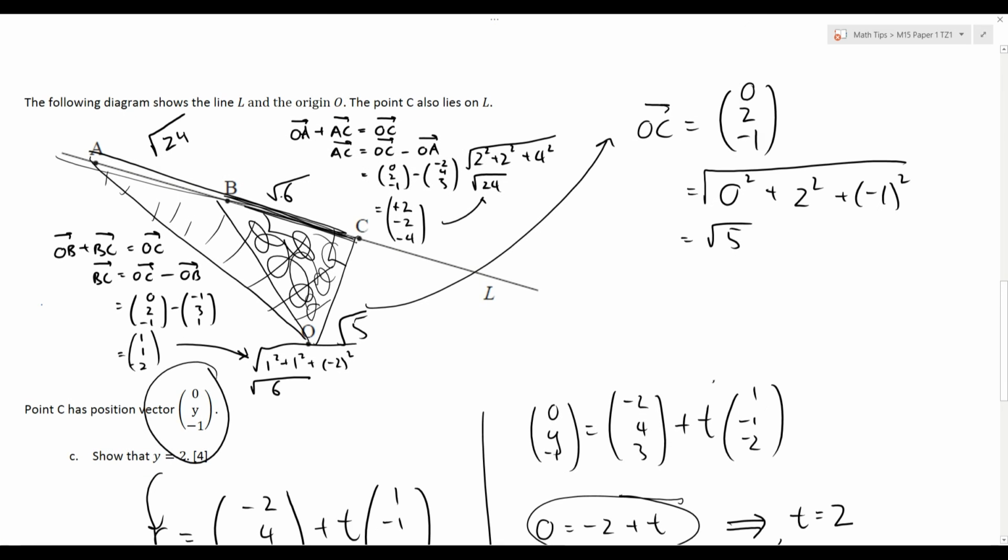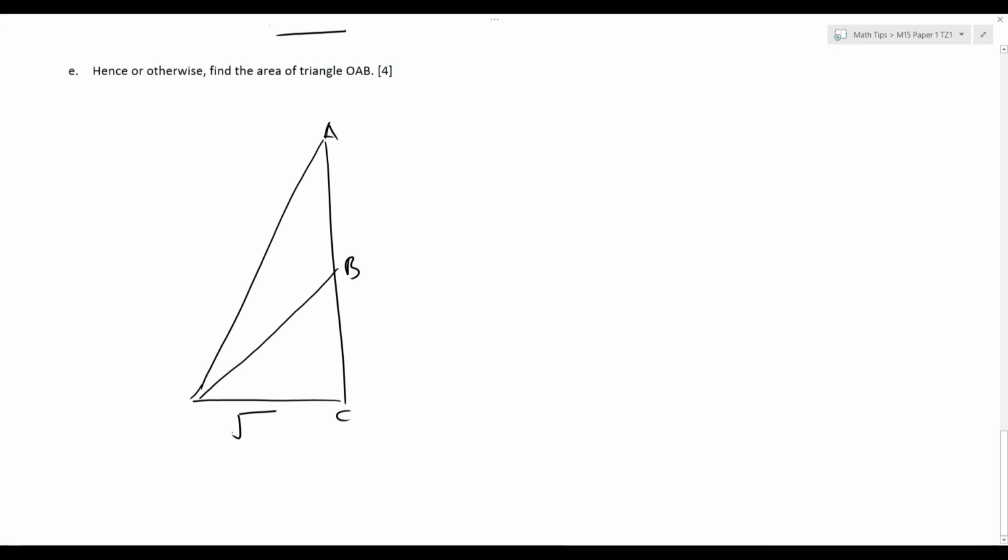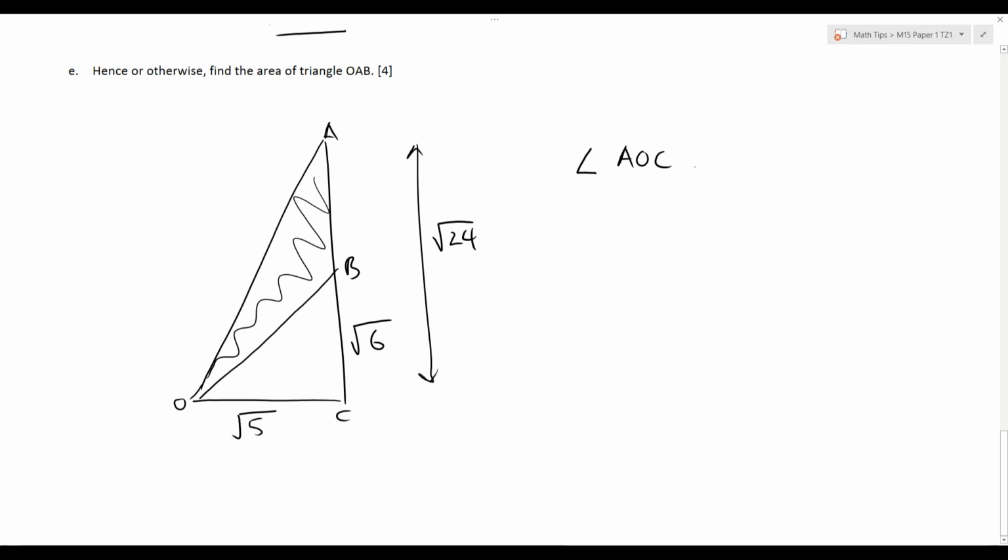Okay, so this looks like a total mess, so we're going to move down here and redraw our beautiful right angle triangle. We know that this was root 5. This was root 6, and the whole thing was root 24. Alright, let's get going. So how do we calculate the area of this? We simply go for the triangle AOC minus triangle OBC.